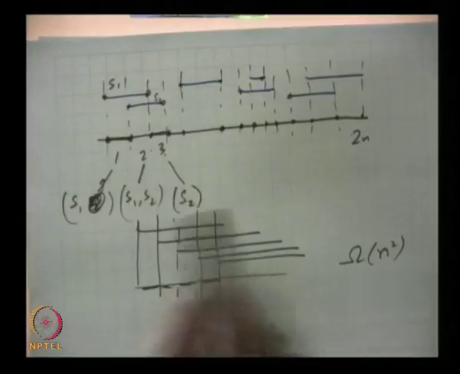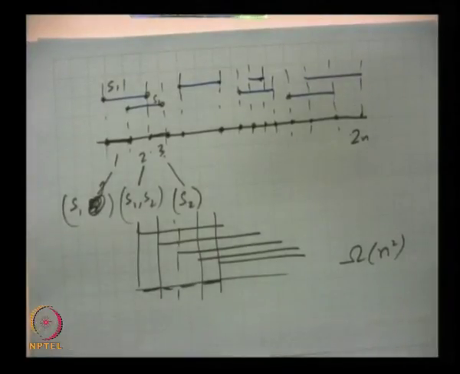Therefore, again you have n event points, each update takes order n time, and you are back to the order n square situation. So we have to be much more clever about this data structuring part, or how we actually do these updates. So how do we do these updates? For that we will make a few observations.